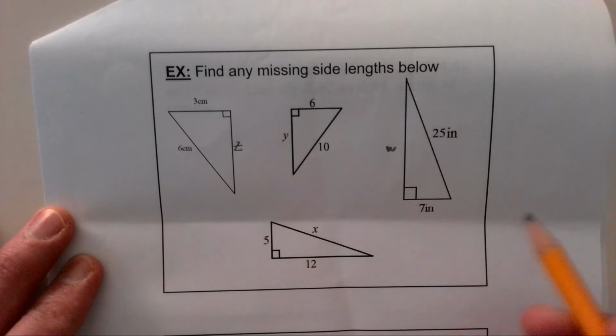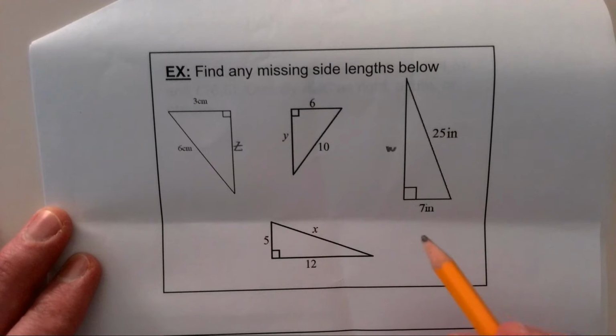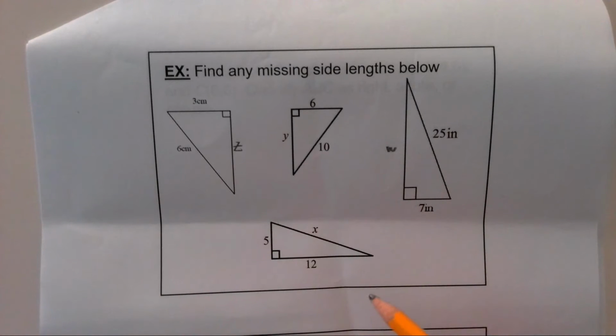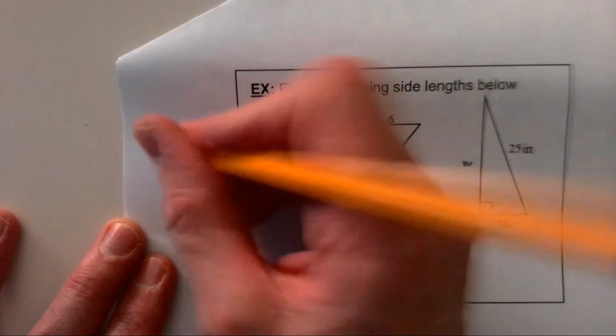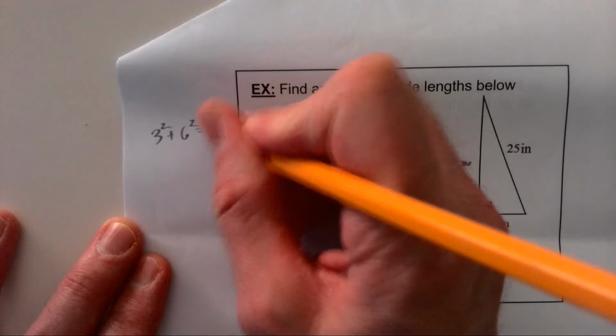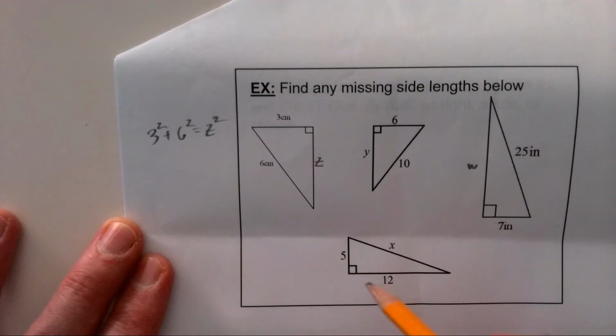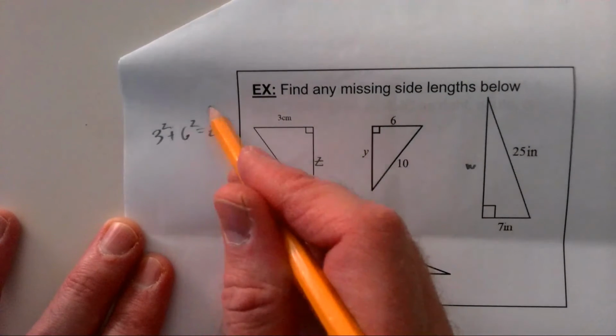So the one thing that students typically mix up with the Pythagorean theorem is they usually put the variable on the wrong side of the equation. For example, a lot of times with this first one, I'll get students who will write 3 squared plus 6 squared equals z squared. Okay, so this is not correct.